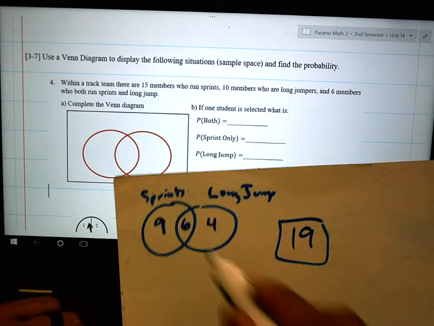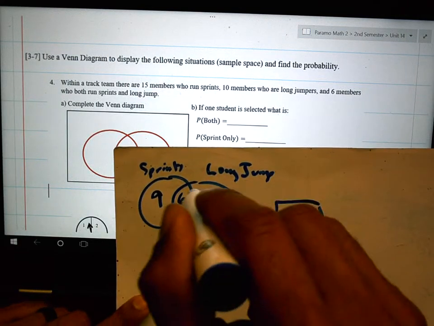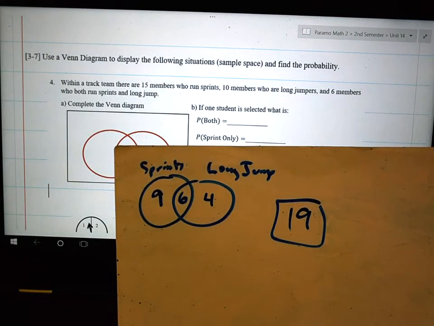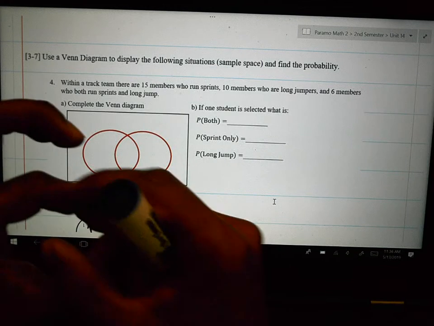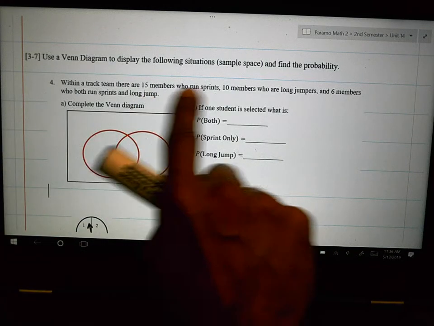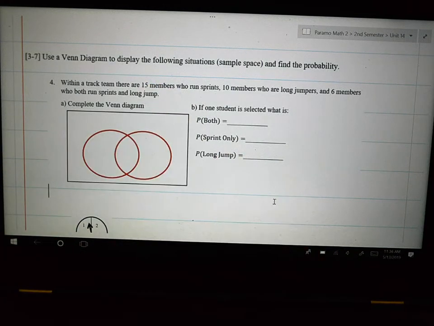What about long jump only? It's 4 out of 19. I hope that makes sense to you. The hardest part about things that overlap is that they are going to try to trick you, and those are combined totals, not necessarily the only totals.